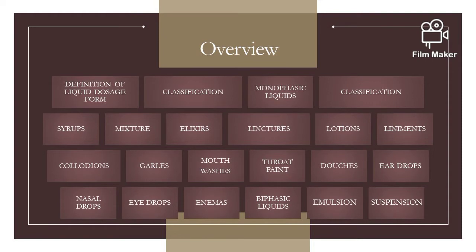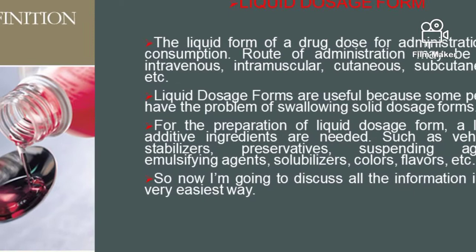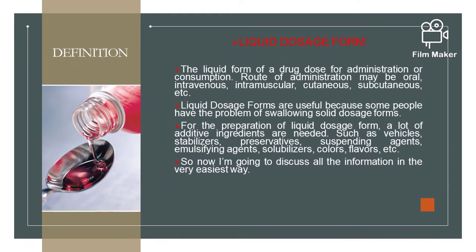We are going to see the definitions of liquid dosage form, the classifications of liquid dosage form, and the monophasic liquid and its classifications. We will see briefly about syrups, mixtures, elixirs, linctuses, lotions, liniments, collodions, gargles, mouth washes, throat paint, douches, ear drops, nasal drops, eye drops, enemas, biphasic liquids, emulsions and suspension. First we are going to see the liquid dosage form definition.